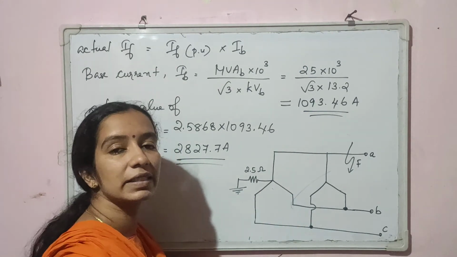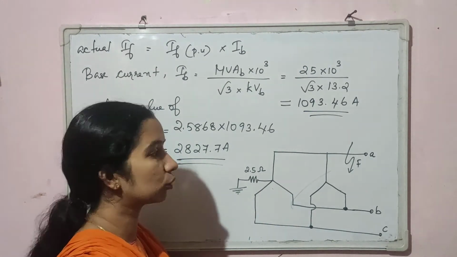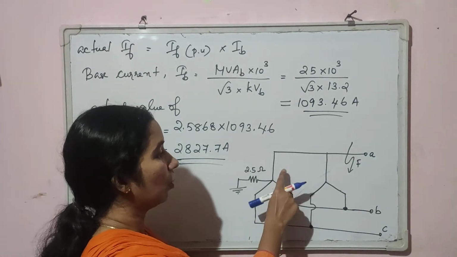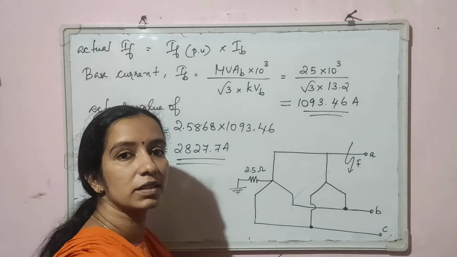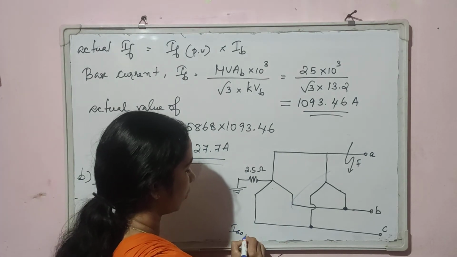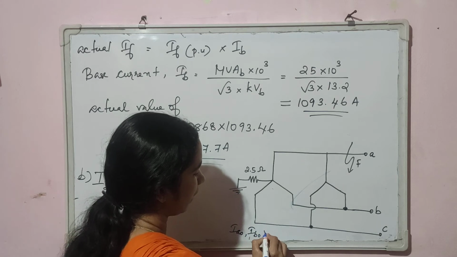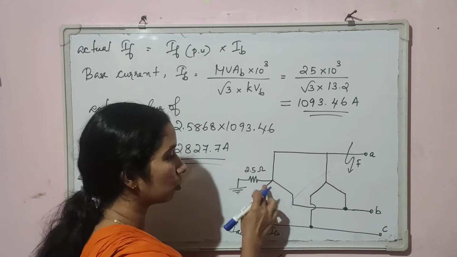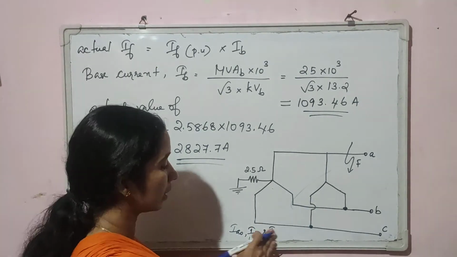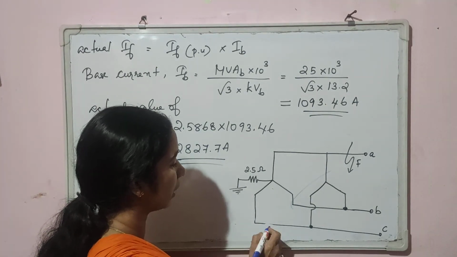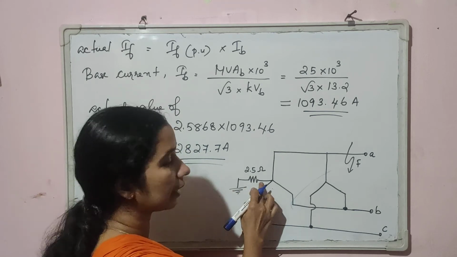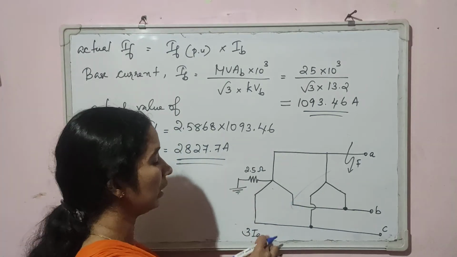So positive and negative sequence currents will not flow through this neutral grounding reactor, we know that. And all the zero sequence currents of all the phases, that is IA0, IB0 and IC0 will flow through the neutral. So IA0 equal to IB0 equal to IC0, so a current of 3 times IA0 will flow through the neutral.